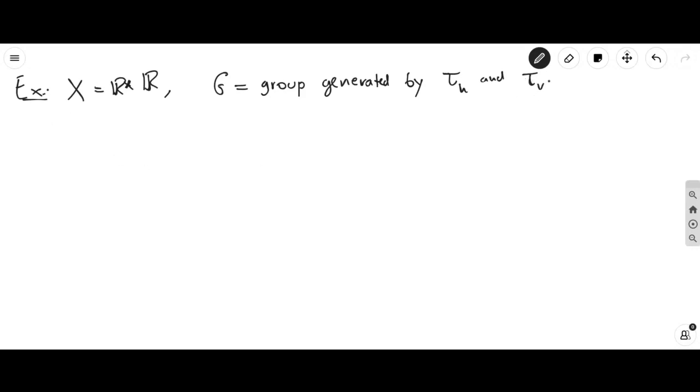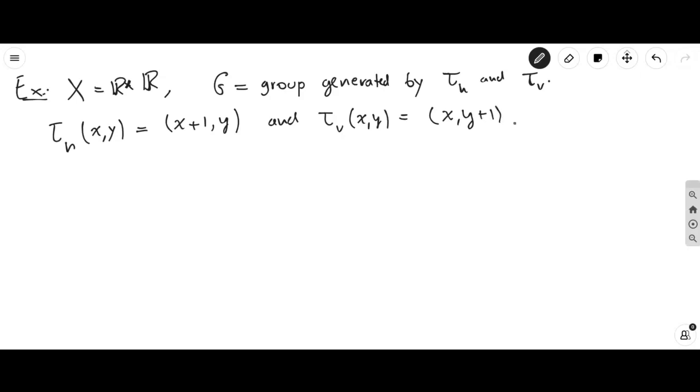So what are these two maps? So tau h of a point sends that point horizontally. It translates it horizontally. This is integer translations. And tau v of (x, y) is a vertical translation. So these are integer translations.